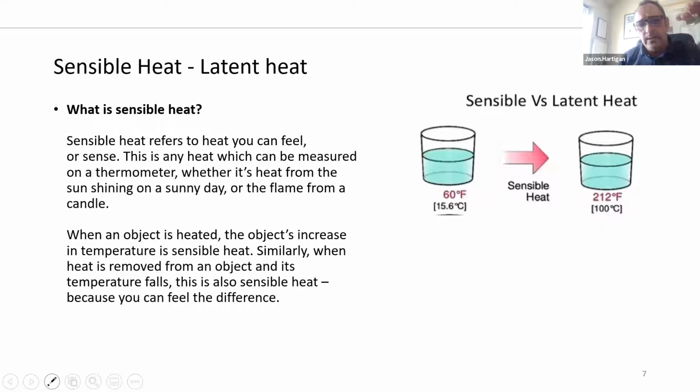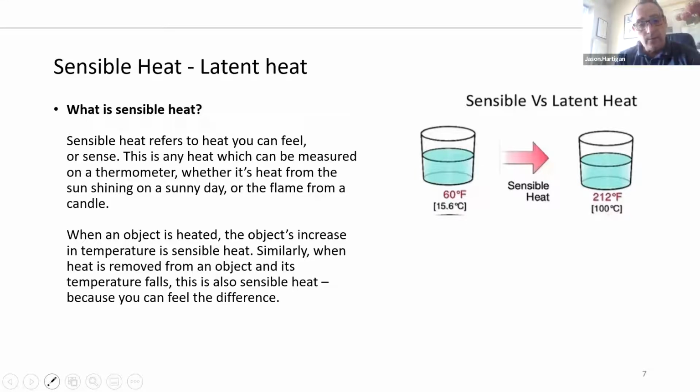So just to explain sensible heat and latent heat. What is sensible heat? Forgive me if I'm telling you all how to suck eggs, but you probably all know what sensible heat is. It's just heat you can feel or sense. If you put your hand on a radiator and it was hot, that's sensible heat. Equally, if you take your hand away from that, you can feel the temperature drop. That's sensible heat.